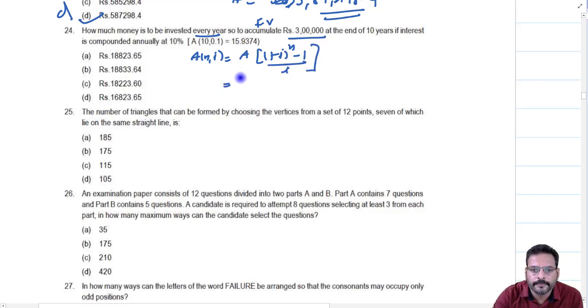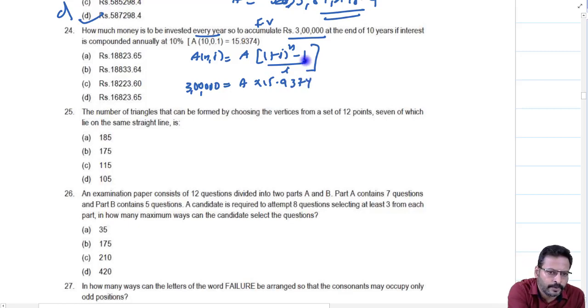Okay. So we have to get 3 lakhs. A into, we know I, so in the question this figure is given, otherwise we have to compute it, A into 15.9374.